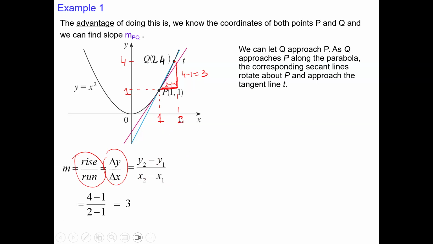That's when I went away one unit from 1, from that point, and picked 2. And we can see the blue line, but now, if I choose a point that is much, much closer to 1, and also create a secant line and calculate the slope, this will be a really good approximation.